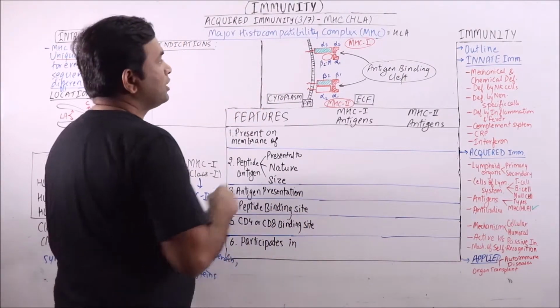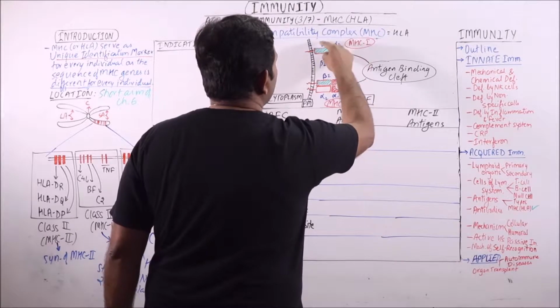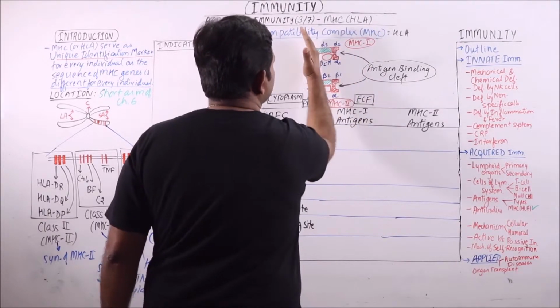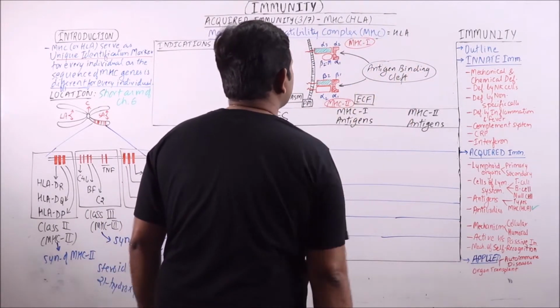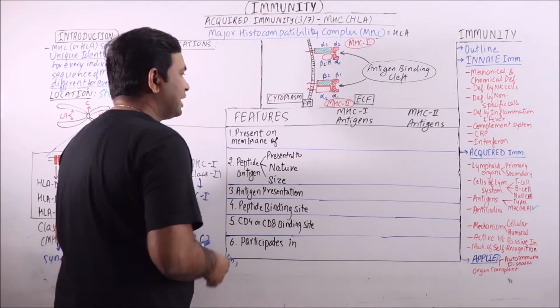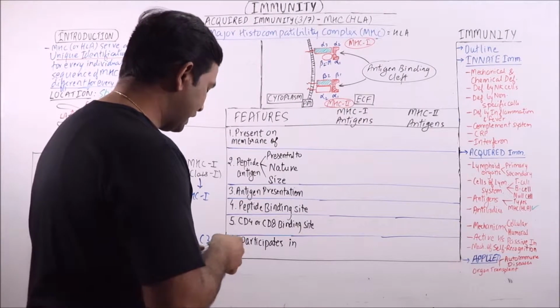So here we are presenting the MHC1 molecule. This is the whole MHC1 molecule. This is the plasma membrane of the cell. This is the cytoplasm, and this whole is the extracellular fluid. Now we'll compare the MHC1 and MHC2 antigens.